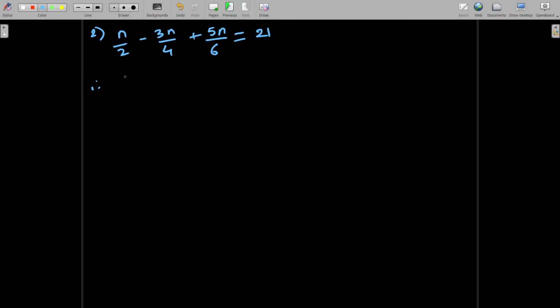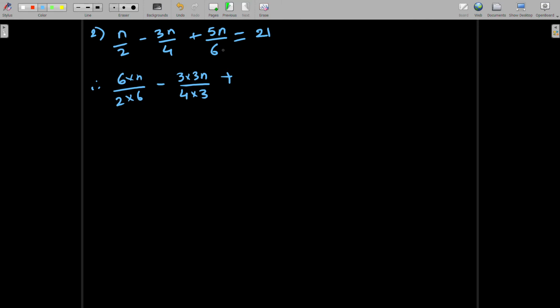Okay, so here what I can do is 6 into n divided by 2 into 6 minus, now here what I have to do, 3, right? Because here now 2 into 6 is 12. Now 4 into 3 will be 12. So here 3 into 3n divided by 4 into 3 plus, now 5n and 6.